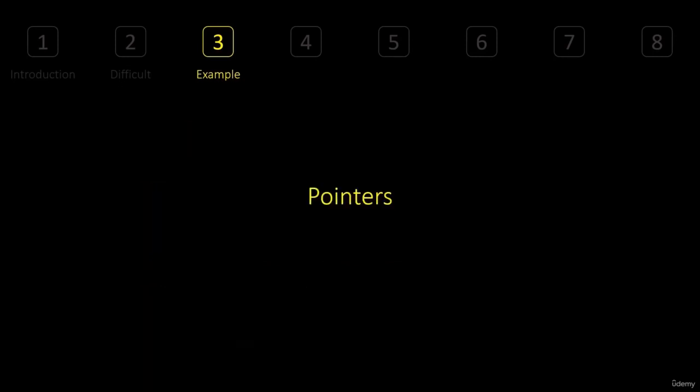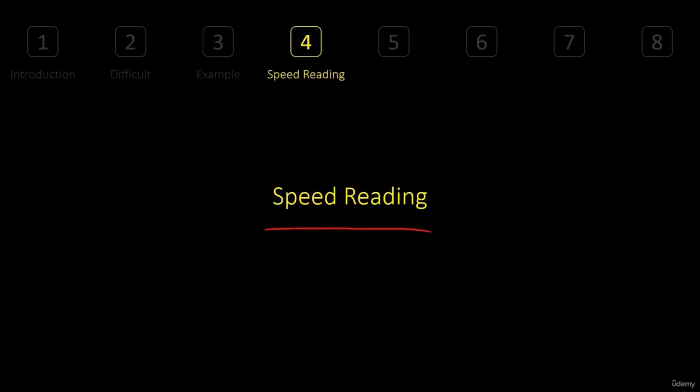What are these things called? I think we have discussed them. Pointers. These things are called pointers. These are tips that can help you. Now, the first one is speed reading. Earlier, I was discussing with you that normally our speed is 150 words per minute. True?